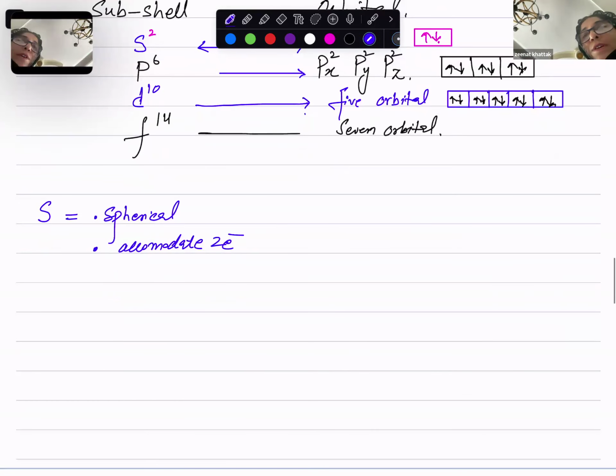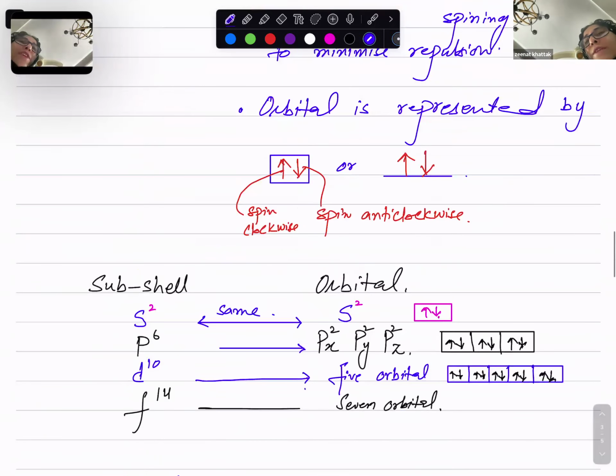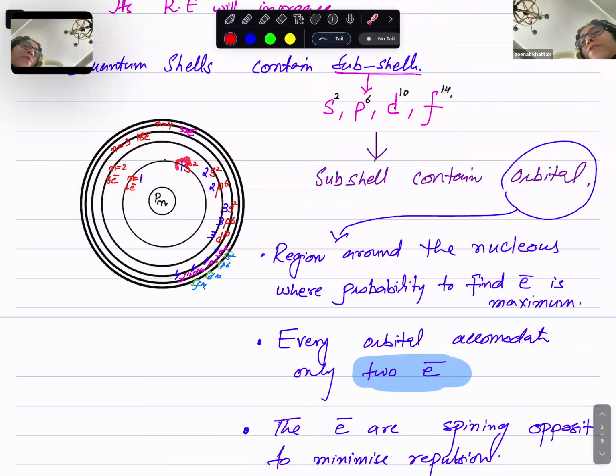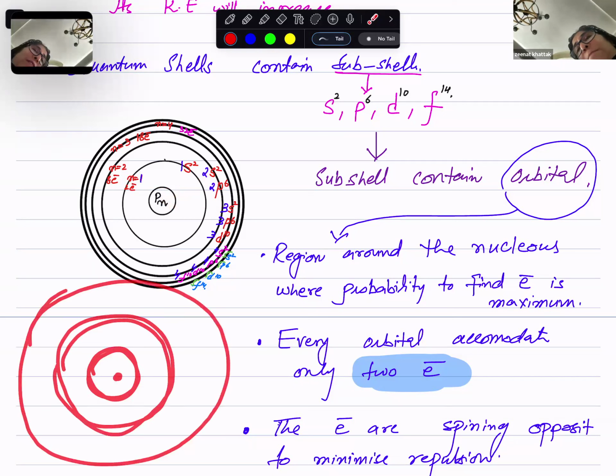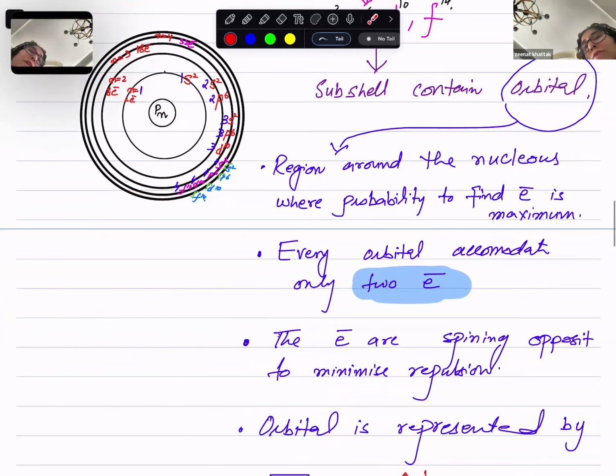Now, what is the difference between 1s, 2s, and 3s? The only difference is that one is close to the nucleus, one is far, and one is further far. So 1s is a small sphere, then 2s is a big sphere, and then 3s is a bigger sphere.